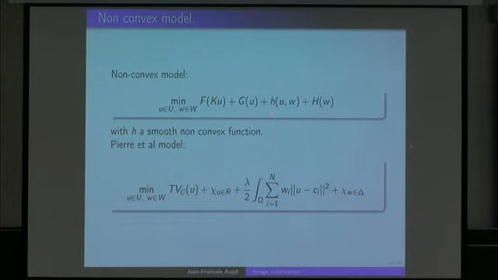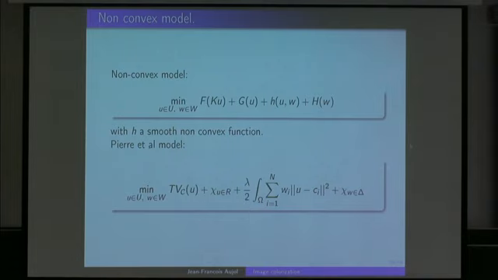But here you have a coupling, small h, which is convex with respect to each of its variables, but not globally convex with respect to both variables. If h was convex, then we could apply, for instance, the algorithm by Antonin Chambolle and Thomas Pock, and everything would be fine. But since it's not convex, it's more complicated.